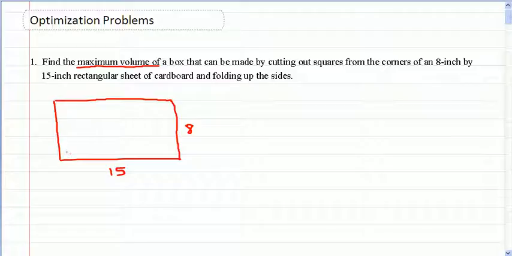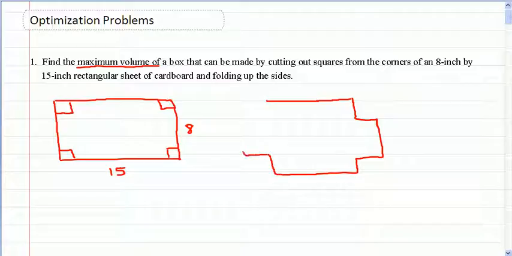And to form a rectangular box, we are cutting out squares from all 4 corners so that the cardboard looks like this. And each of these squares, we don't know the dimensions, so we are just going to call them x.